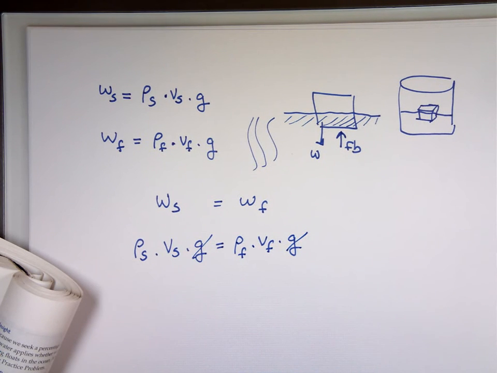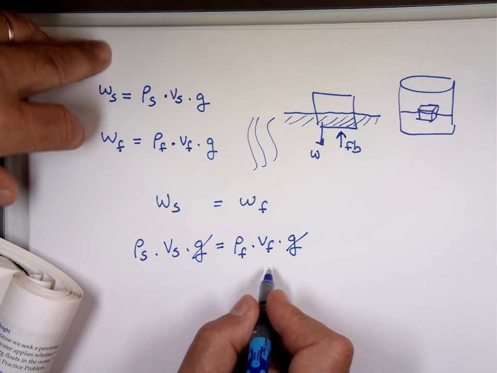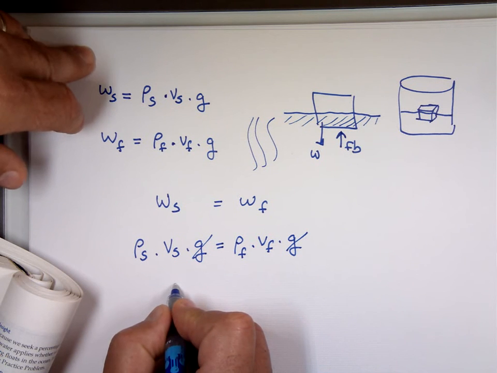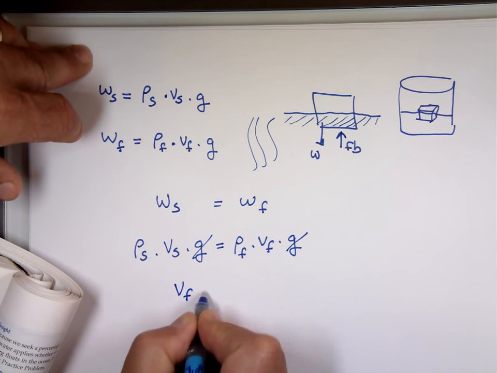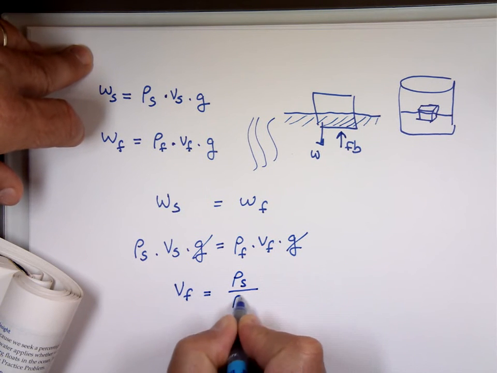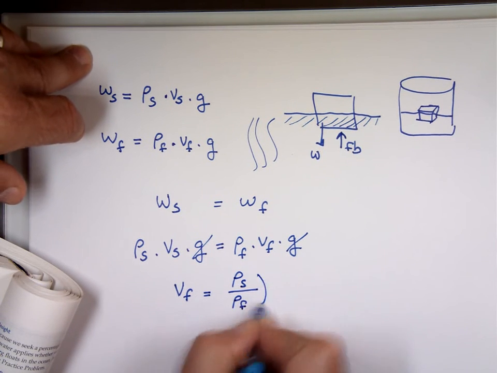And I can tell you the volume of the fluid that came out is equal to rho of the submerged over rho of the fluid times the volume of the submerged.